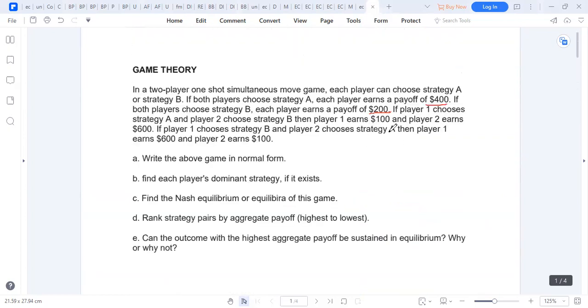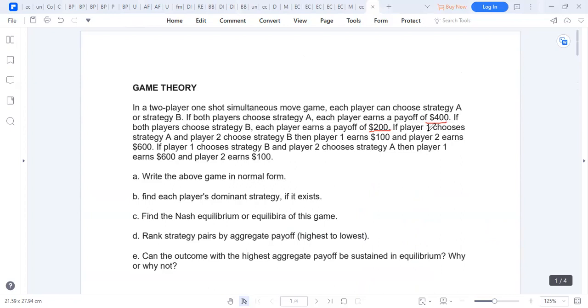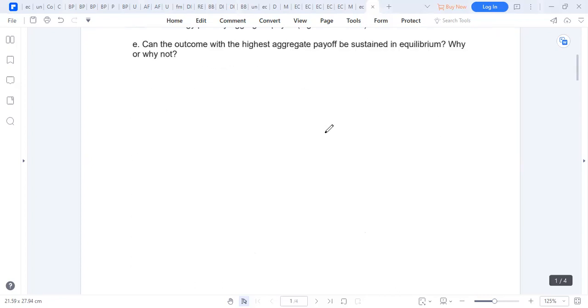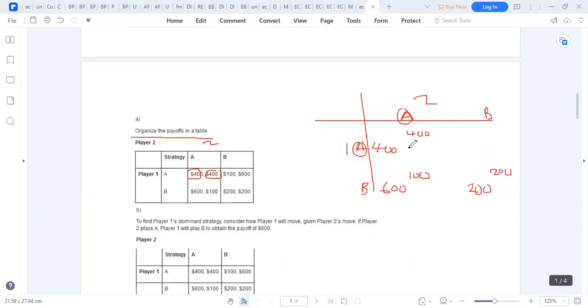But we're told also that if player 1 chooses strategy A and player 2 chooses strategy B, player 1 will make 100 and player 2 will make 600. All together? Yes. All right.